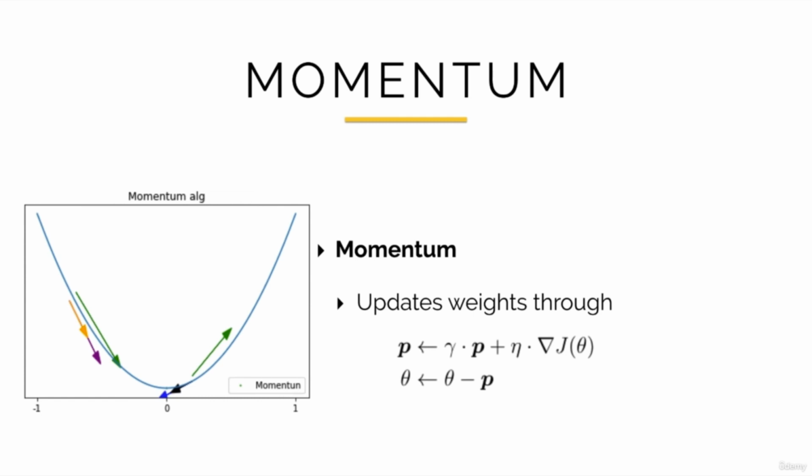Whereas with momentum, you can imagine it more like we have a bowl and we put a ball on the tip of the bowl and just let it run down. Even as the ball reaches the lower point, it still has some momentum that's going to carry it up the other side of the bowl before it gets slowed down, and then it comes back and bounces around a little bit until it stays put in that lower part. And so momentum as an optimizer works in a very similar way.